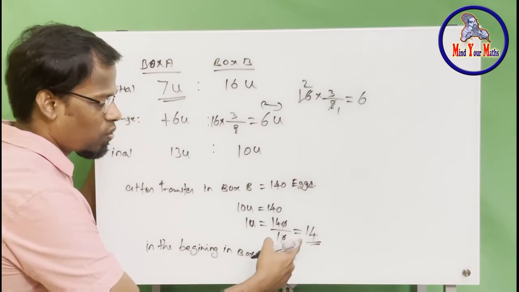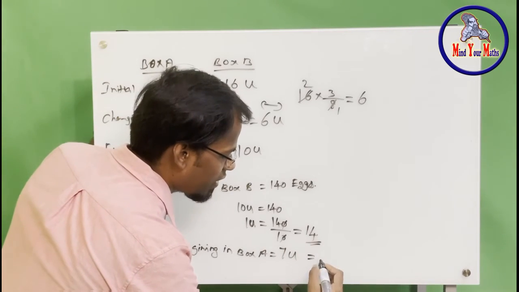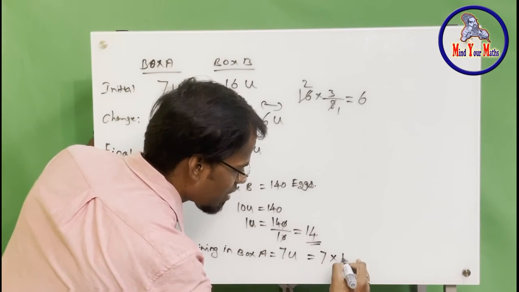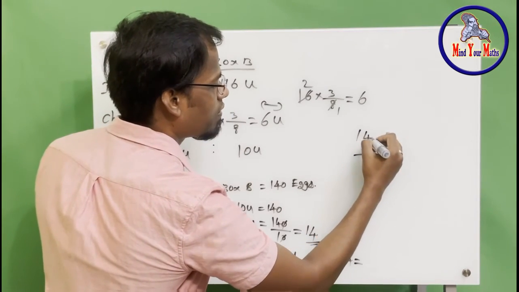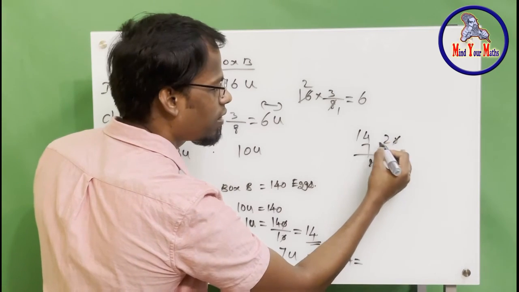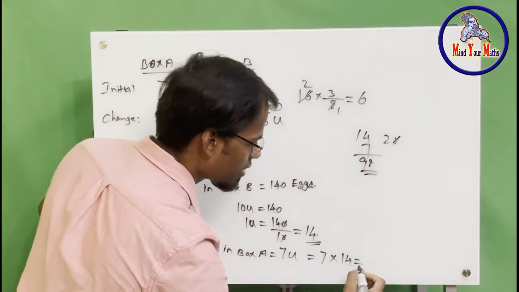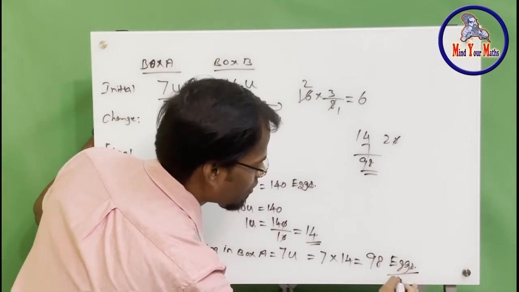Now we know what is 1 unit, which is 14. So what should we do for 7 units? 7 times 14. 7 times 4 is 28, write 8. 7 times 1 is 7 plus 2, 9. 98. So it is 98 eggs.